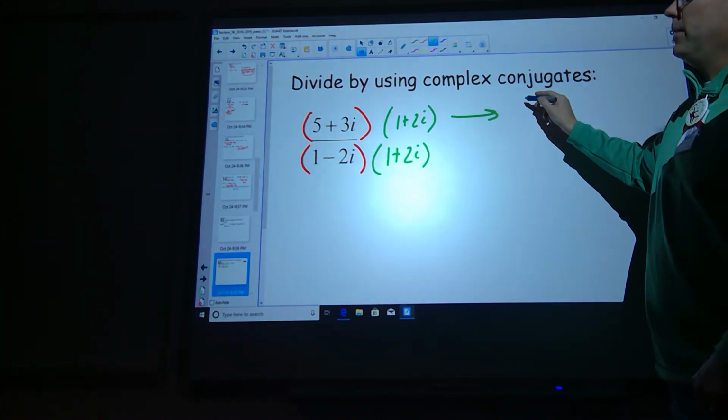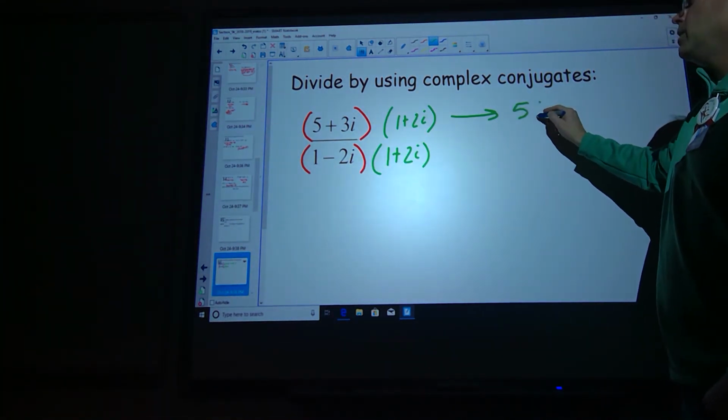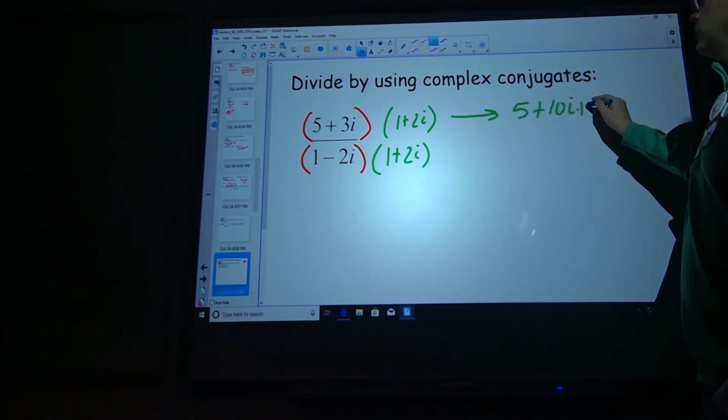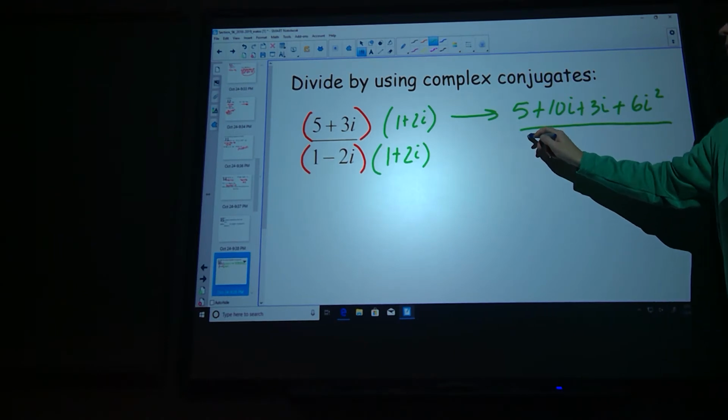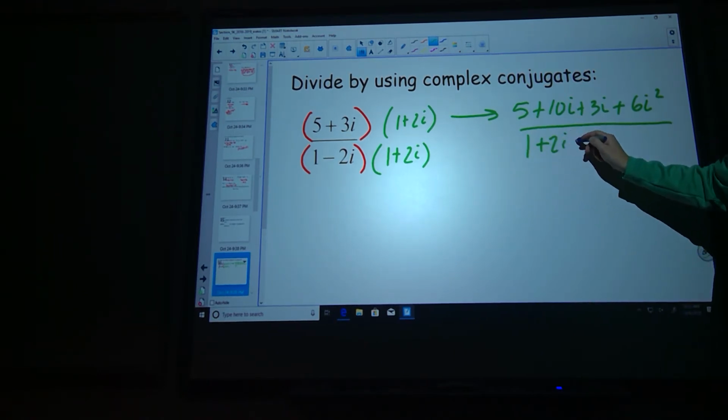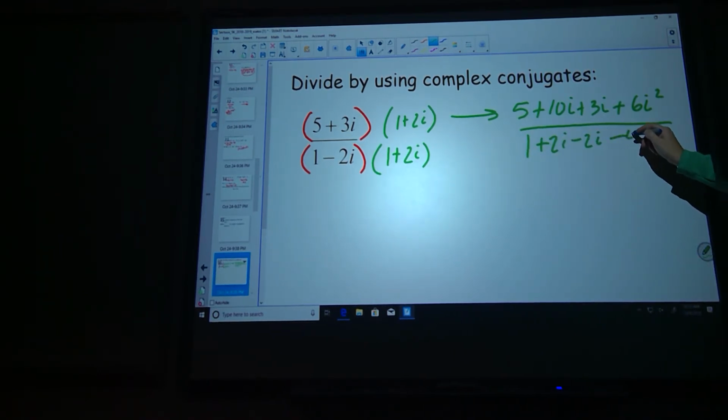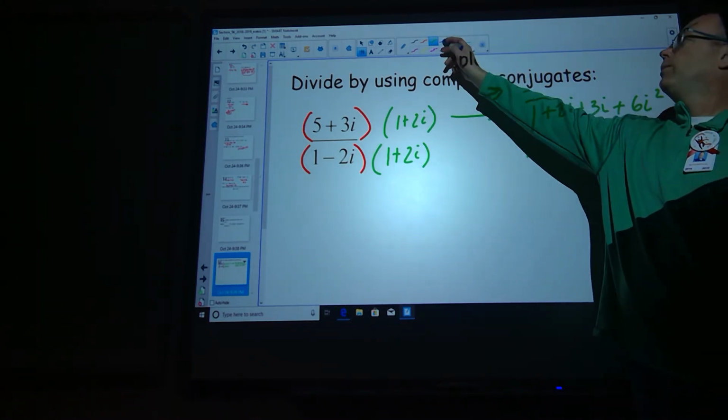So multiply the top. That's going to give me 5 plus 10i plus 3i plus 6i squared, all over 1 plus 2i minus 2i minus 4i squared. Where am I substituting in negative 1? Anywhere i squared.